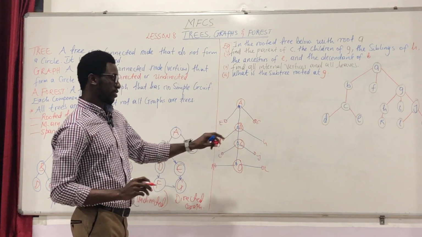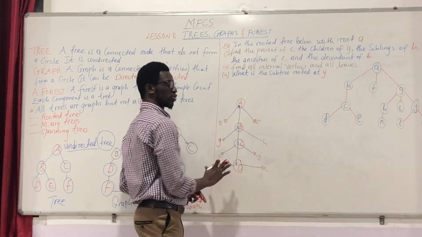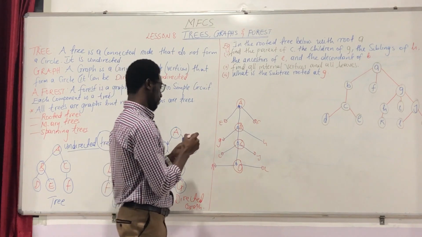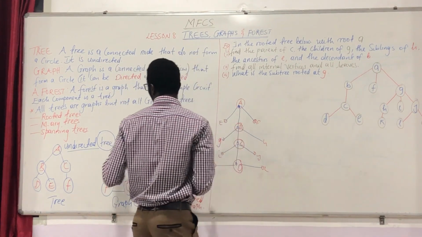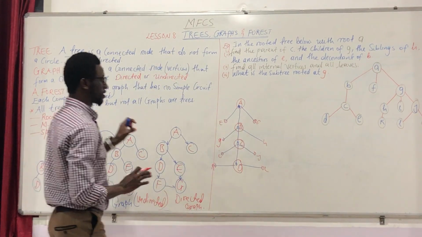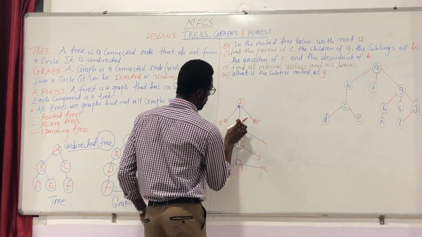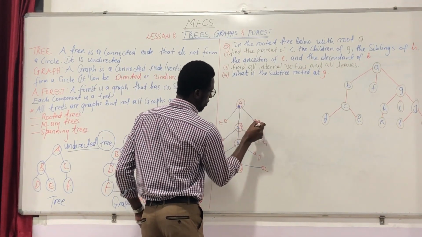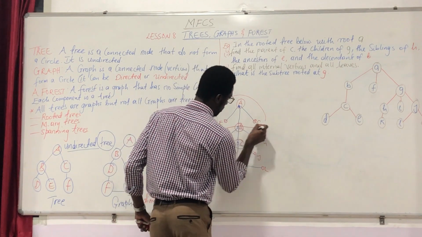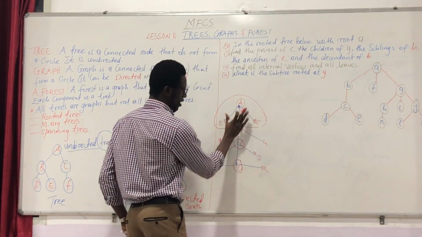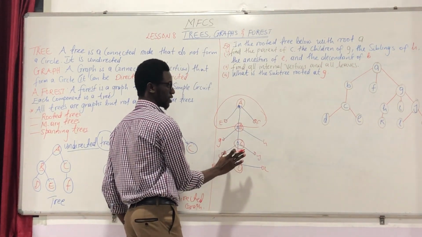This one is a forest. You can see there is no loop here. No loop is formed. But each of these components is a tree. So if you remove this one here, from here to this one forms a tree. You can remove each of the components, and it forms a tree.